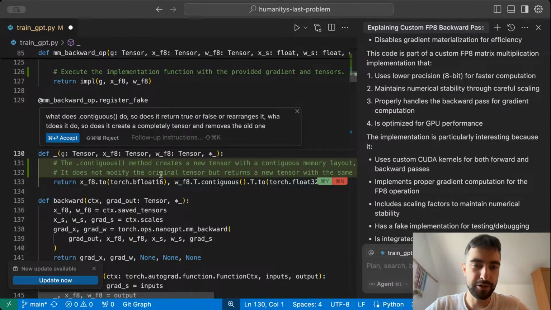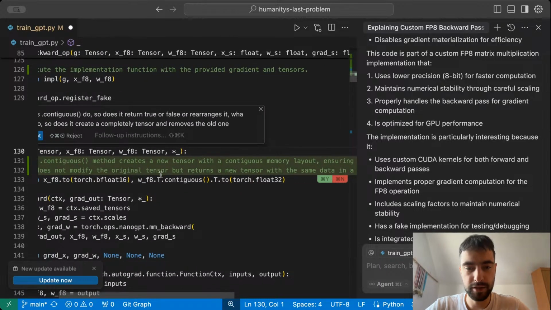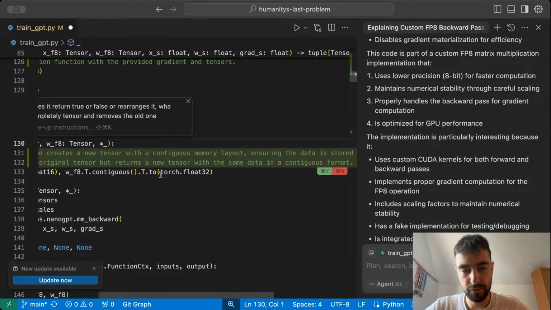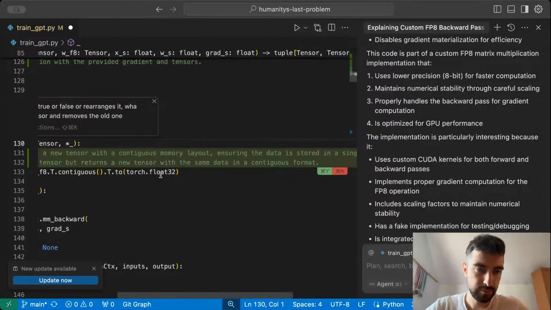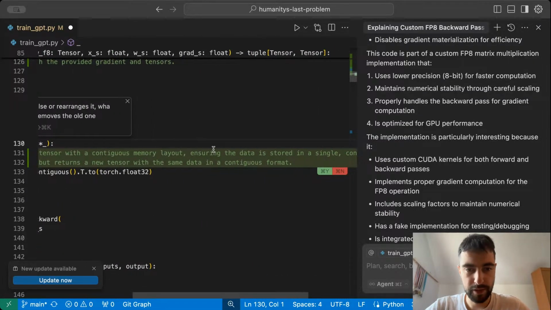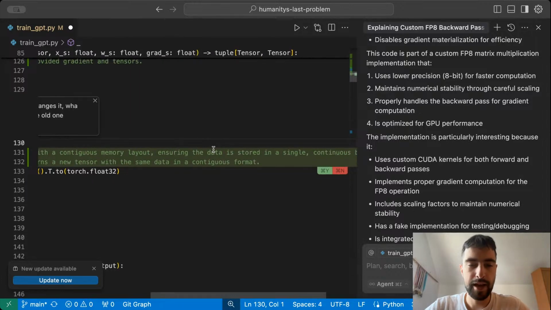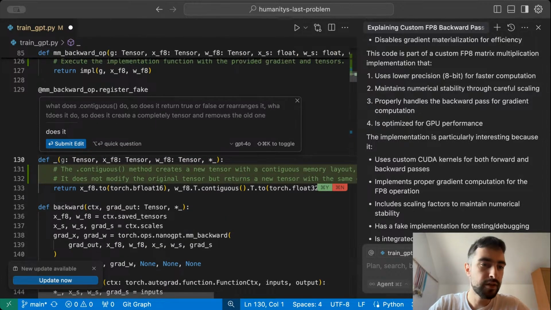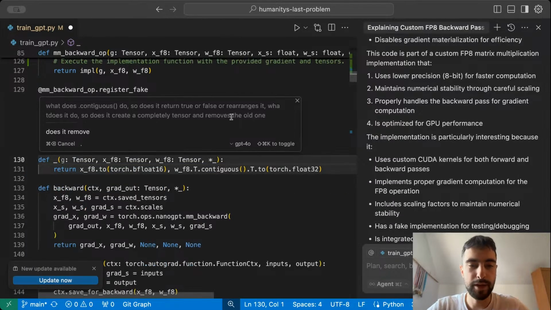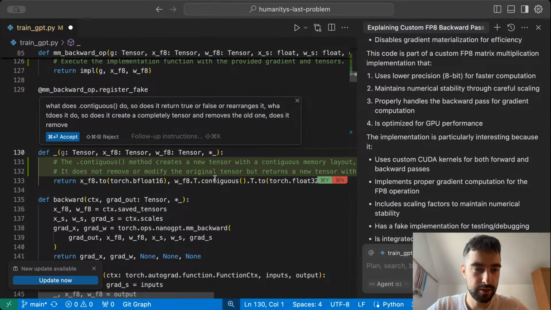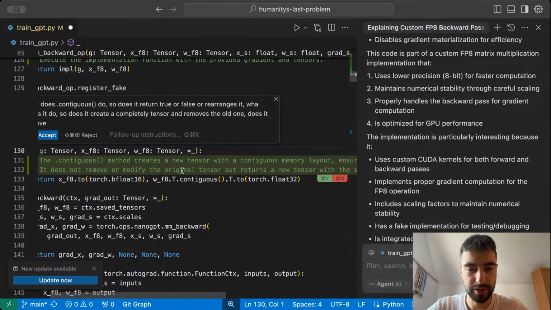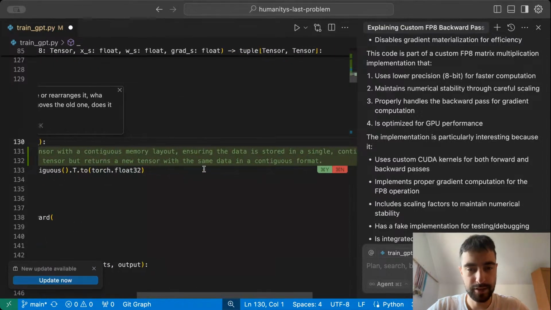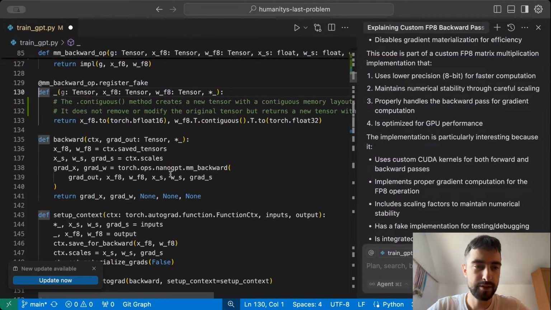Does not modify the original tensor, but returns a new tensor with the same data in contiguous format. I did not answer. Does it remove? Why is it not listening to my questions? Does not remove or modify the original tensor, but returns the tensor with new data. Okay, let's accept this.